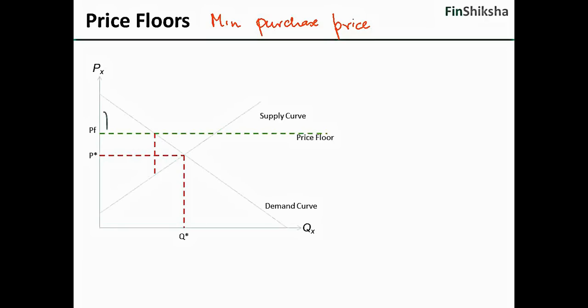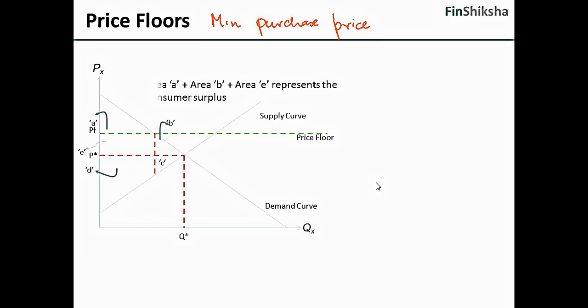Buyers will only buy this much. So let's name the areas once again, A, B, C, D, and E. Once again, at the beginning of the problem, A plus B plus E, these 3 areas is the consumer surplus. C plus D is essentially the producer surplus.